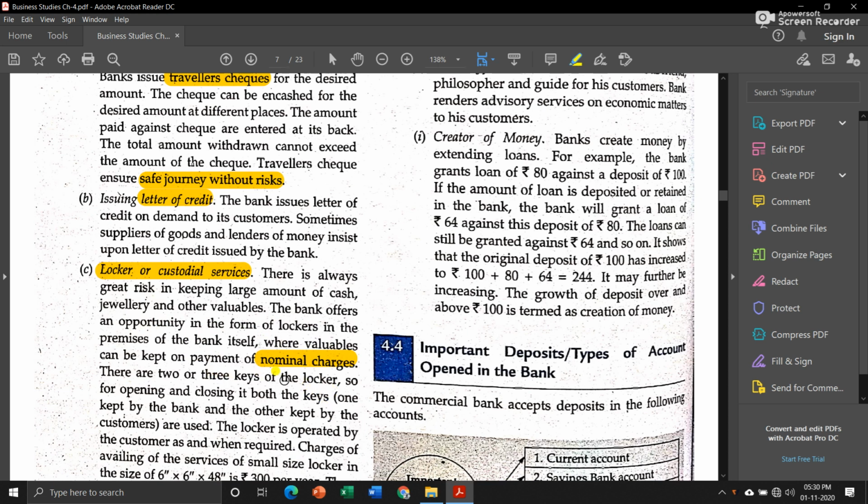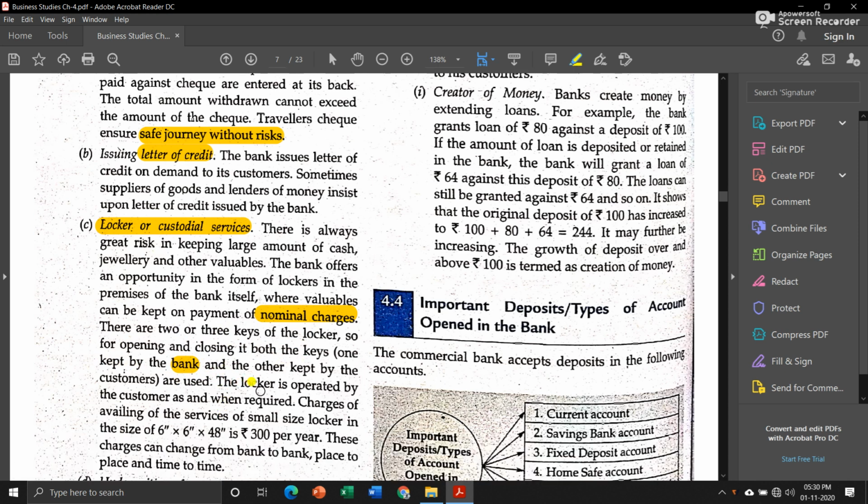There are 2 keys of the locker, so for opening and closing it, one key is kept by the bank and the other is with you. For opening, both the keys are required. The locker is operated by the customer as and when required. Whenever you want to open that locker, you can just go to the bank and ask them.